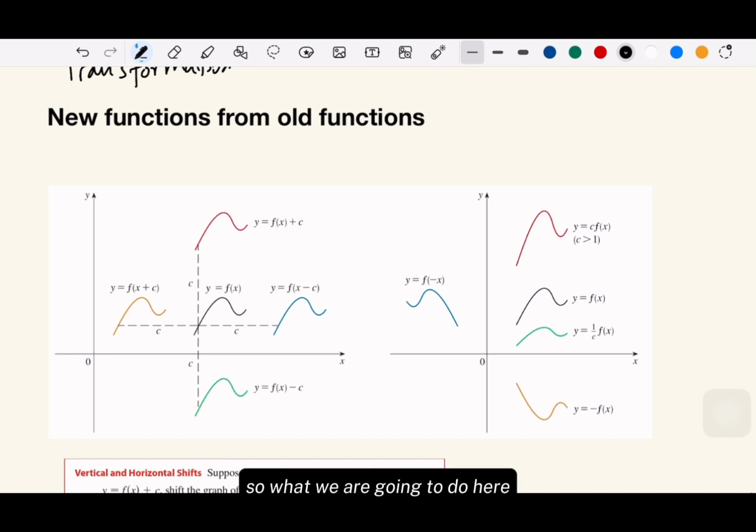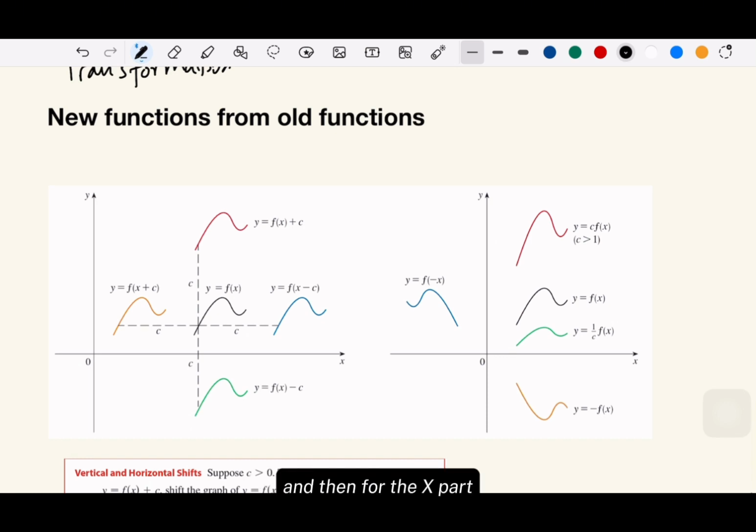So what we are going to do here, we can transform this. The first one is just to translate. We have translation, which means we move this to the left, to the right, up, down. And then you see that when we go up, we take f of x plus the constant. The constant will be the distance. And if we go downside, we take minus.